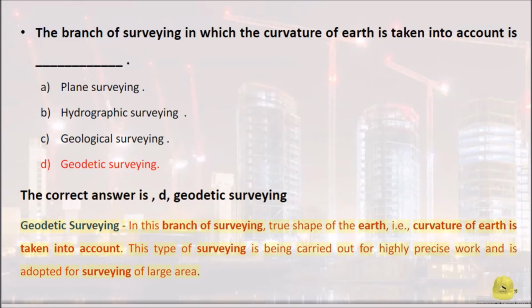Geodetic surveying: in this branch of surveying, the true shape of the Earth, i.e., the curvature of Earth, is taken into account. This type of surveying is carried out for highly precise work and is adopted for surveying of large areas.